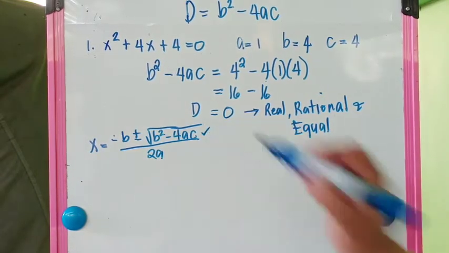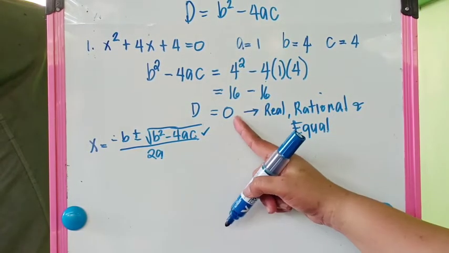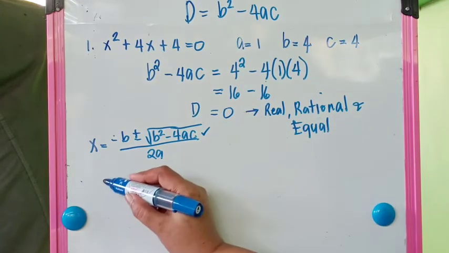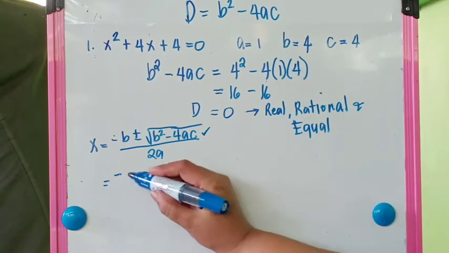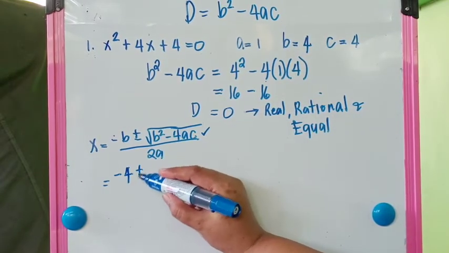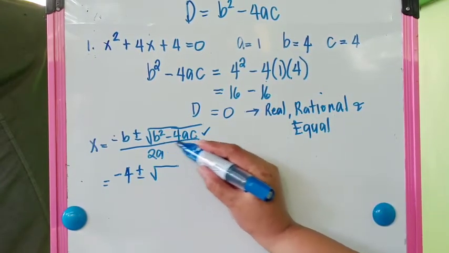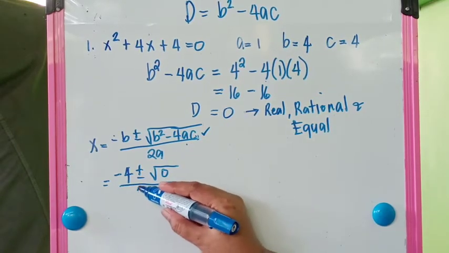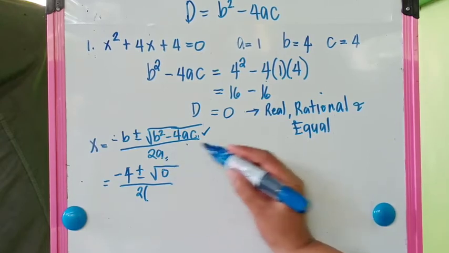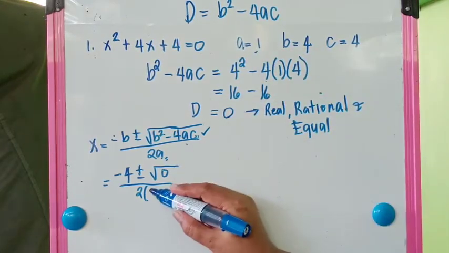Dahil nga meron na tayong value nito, which is this one. So, this is negative b. Ano ba yung b? It is 4. Plus or minus. Ano ba ang value ng discriminant? 0. Over 2 multiplied by a, which is 1.